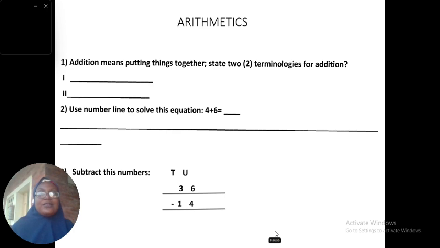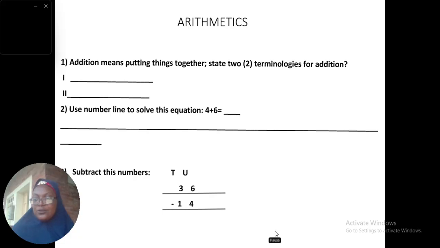They are all two-digit numbers. So if you're trying to add or subtract or solve any mathematics using tens and units, it means you are using two-digit numbers. I think that is all about that.